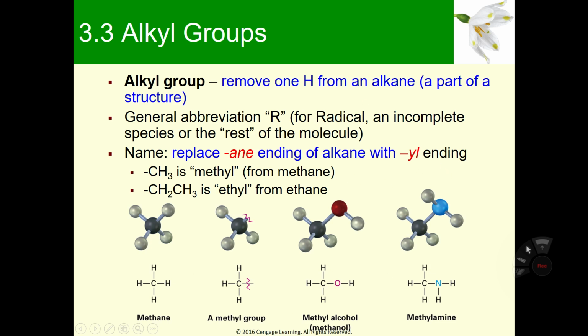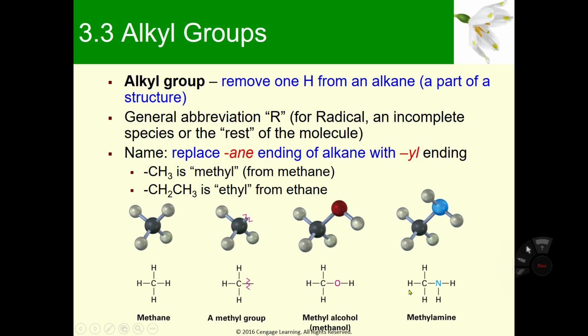This is methane, so if you remove one hydrogen, one bond is still left and some other atoms can be attached here, then we call this a methyl group. Therefore, this is an alcohol, so this compound will be a methyl alcohol.